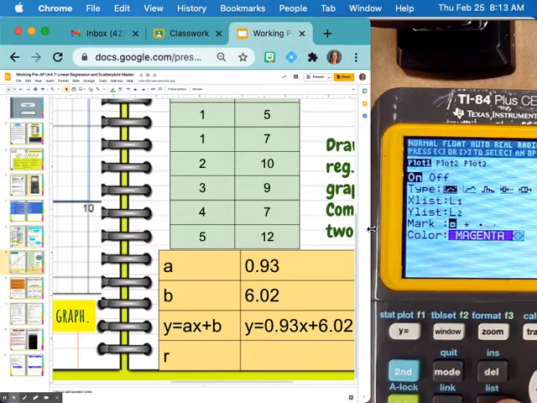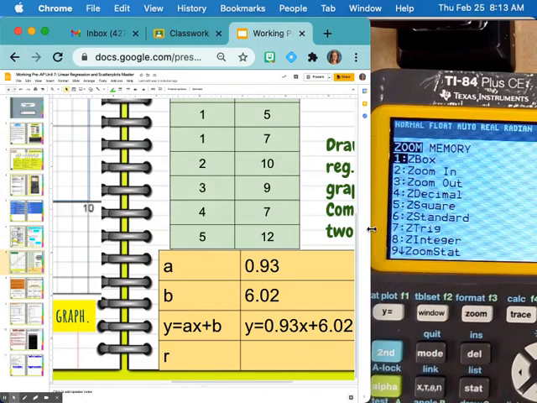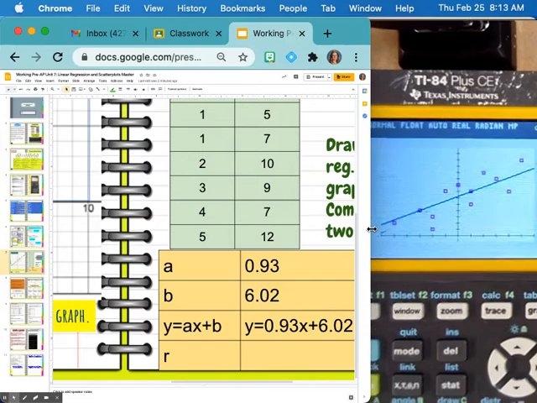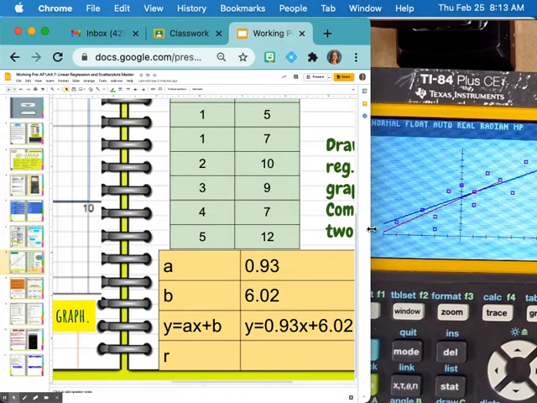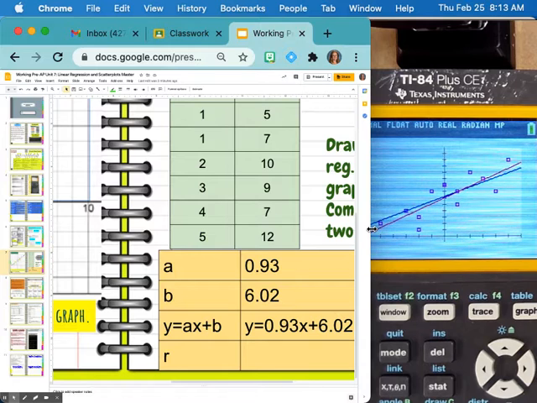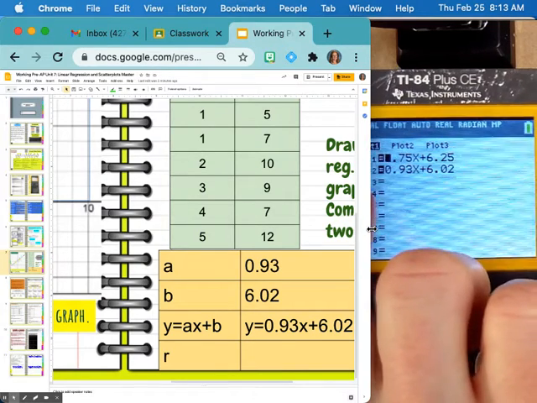And then in order to see the graph, we go to zoom stat. So you got to remember all those steps, but you can do it. All right. So the correct one, which one is the one that uses all the points? It's the red one.